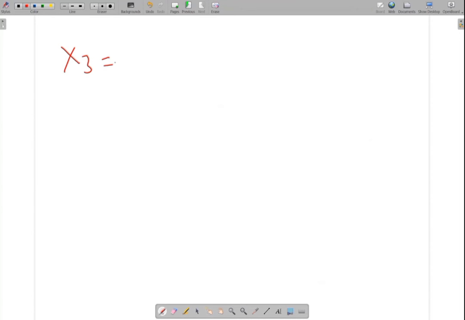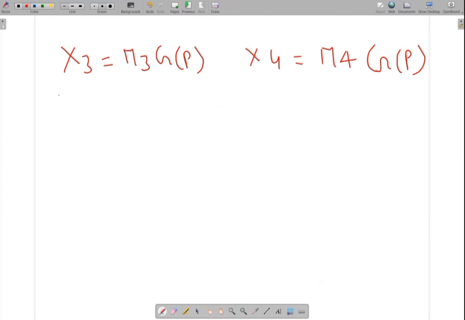Next to find out. X3 is equal to M3 into G of P. X4 is equal to M4 into G of P. Now M3, 1, 2, 4, 8. M3 is equal to 0 0 1 1.